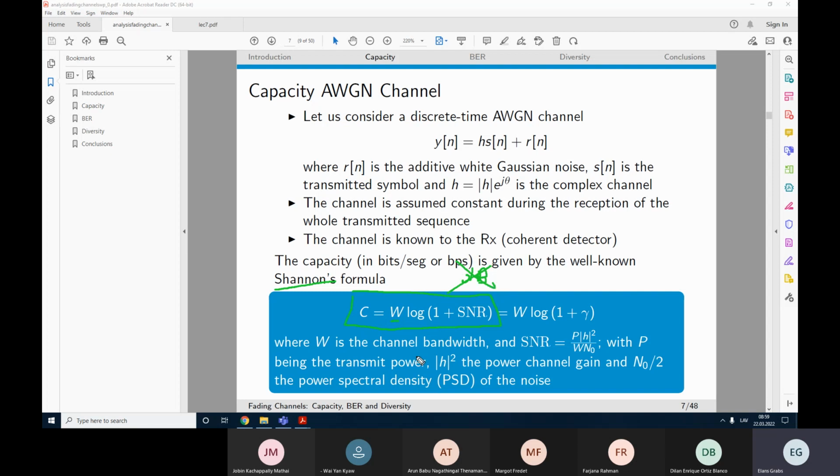By using this formula, we can calculate the capacity of the channel, the maximum data transmission rate limited by noise. Because usually, if we don't have noise, we can say that basically our channel capacity can be almost exactly the same as the bandwidth we are using.